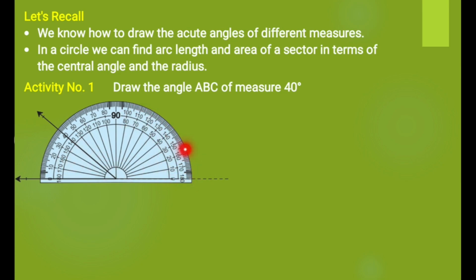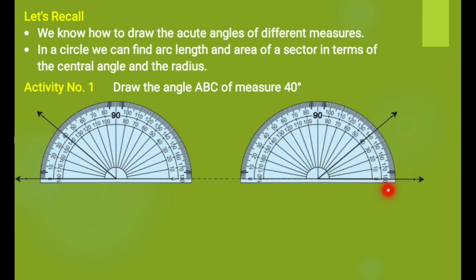Here also the same condition: when we measure the inner side, we get 0, 10, 20, 30, 40, 50, 60, 70, 80, 90. That means the inner side is increasing from left to right, and the outer angle is 180, 170, 160, 150. In the second figure, in this way also we can measure the angle of 40 degrees: 0, 10, 20, 30, 40.